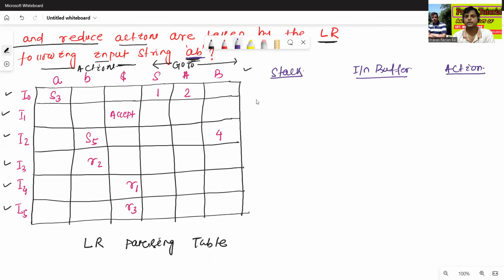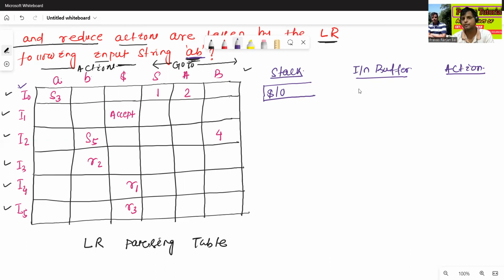Remember, the stack always contains dollar and 0. 0 means this is called the initial state. Stack initially contains dollar and the initial state of this DFA, which is 0.